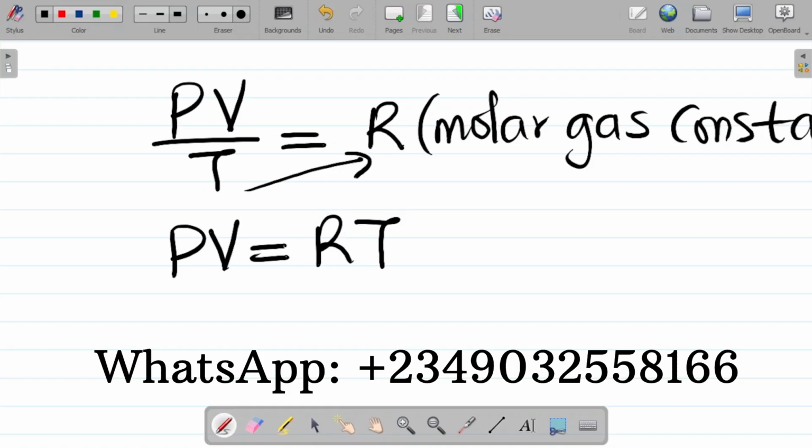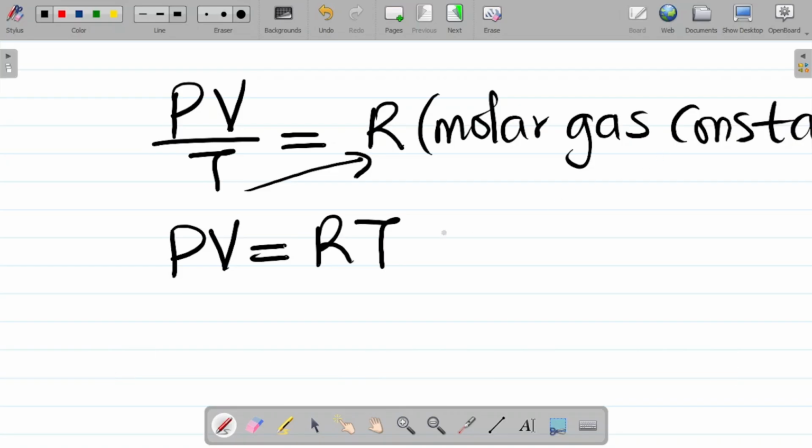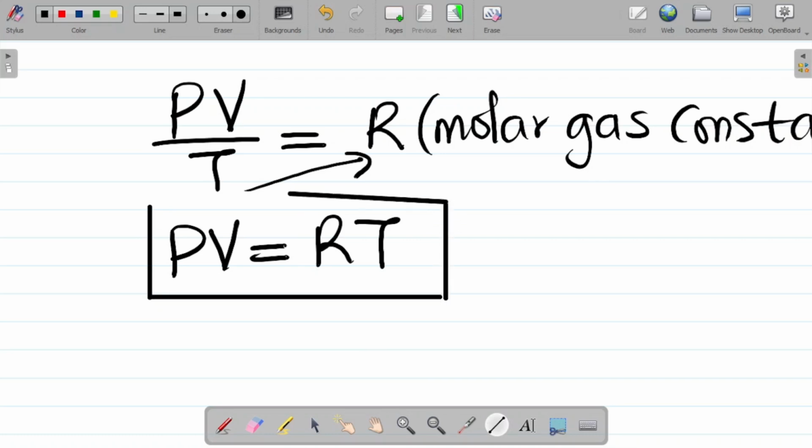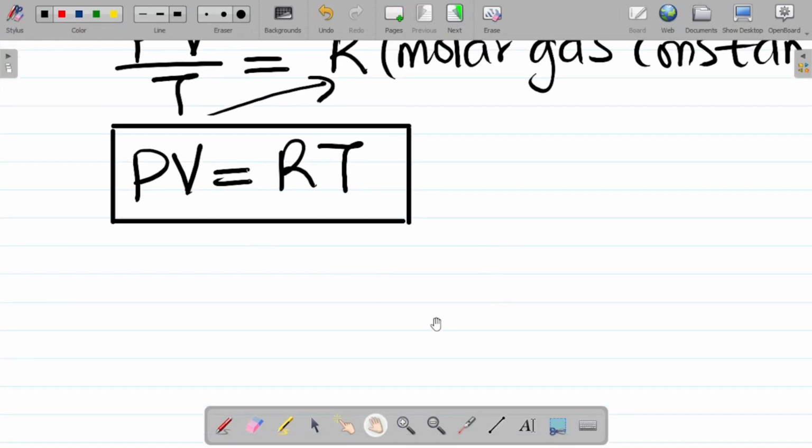So you have PV equal to RT. This equation is called the ideal gas equation, and it holds true for all gases. Now, what to note is that the above equation applies only to 1 mole of a gas. So if you have PV being equal to RT, it only applies if I have just 1 mole of a gas.